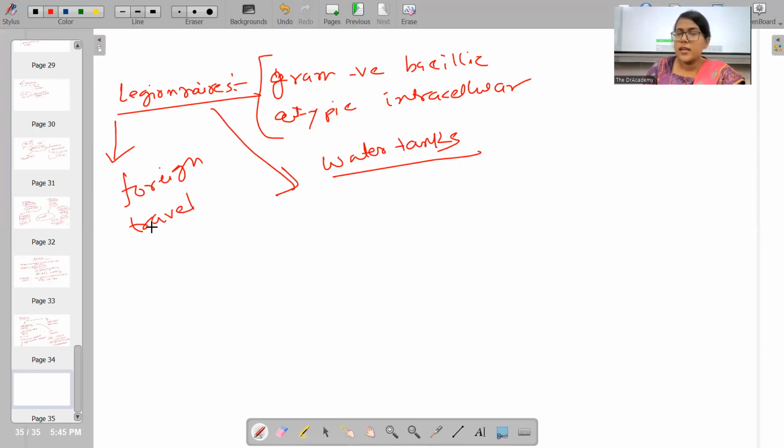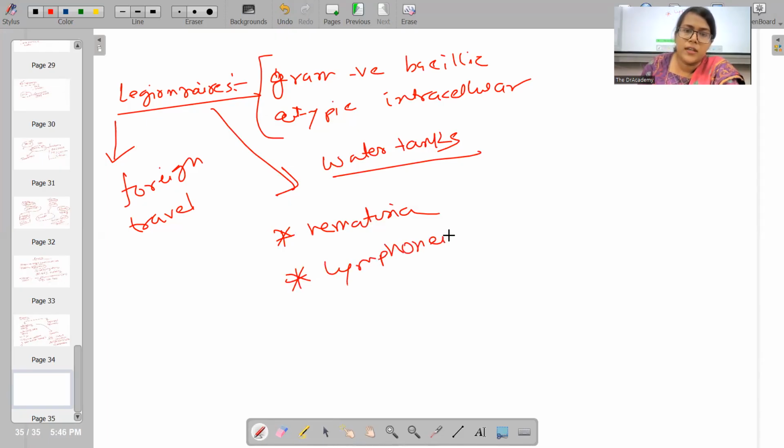And just like Mycoplasma pneumonia, Legionnaire's disease can also present with low-grade fever, dry cough, and some breathing difficulty. And there is also bilateral consolidation in case of Legionnaire's disease as well. Here, it can also cause hematuria, or it has renal involvement, and it can cause lymphopenia. In the blood count, it can cause lymphopenia without marked leukocytosis.